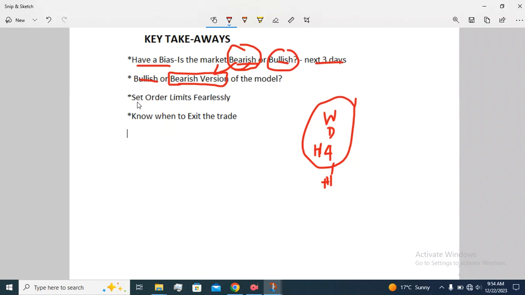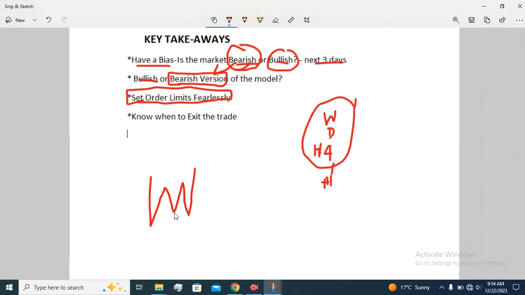Another point is setting order limits fearlessly. Yes. So we have identified the bias that we are bullish for the next 3 days. So we will be looking for the bullish version of the standard trading model for the next 3 days.